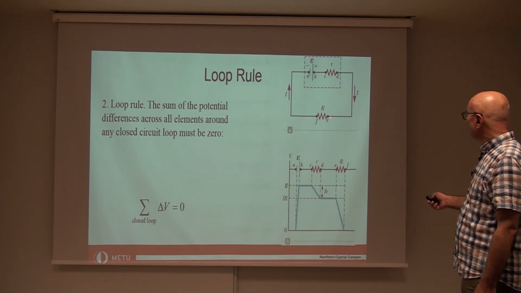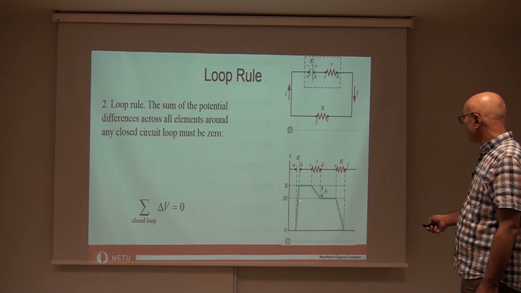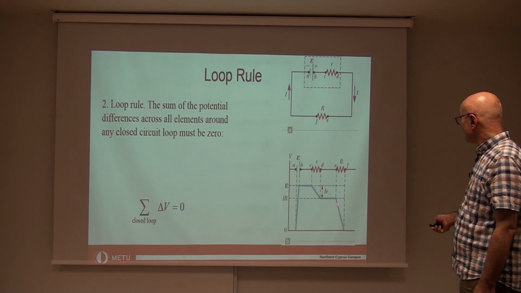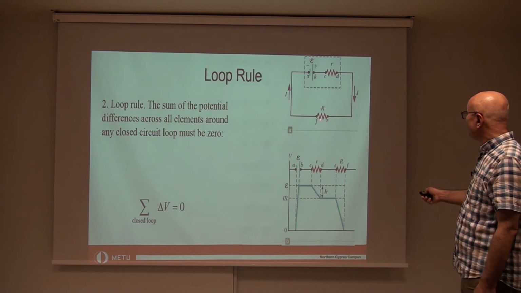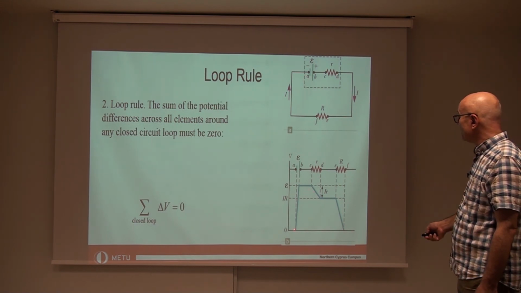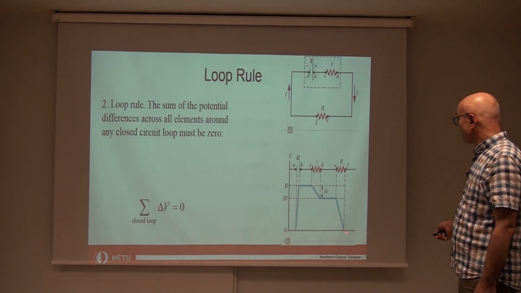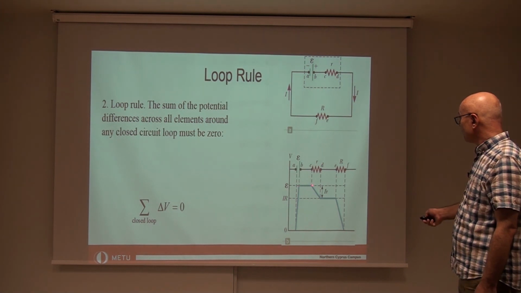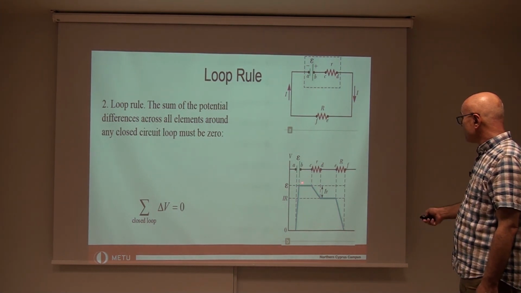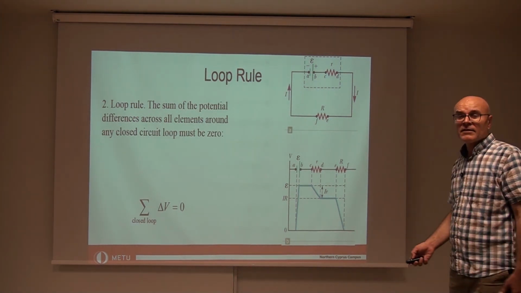And then when you go from E to F, there is a drop by I capital R, this distance here, and you end up at F. Now F should be at the same potential as A because there is nothing between them. So if we assume that the potential of A was 0, then this should end up again at 0. As you can see, this plus this plus this is equal to 0. This is the loop rule.